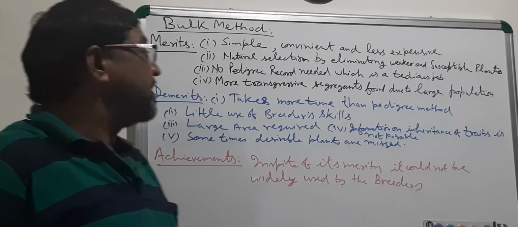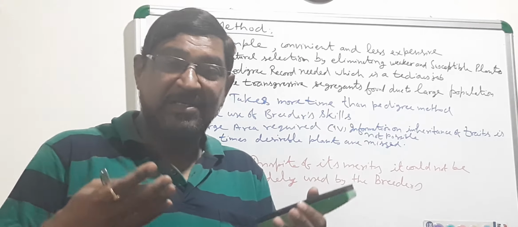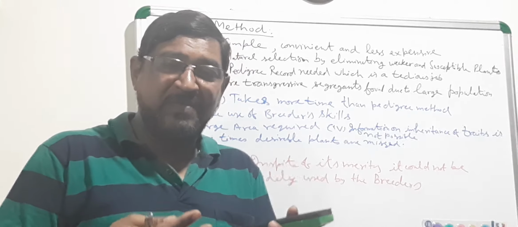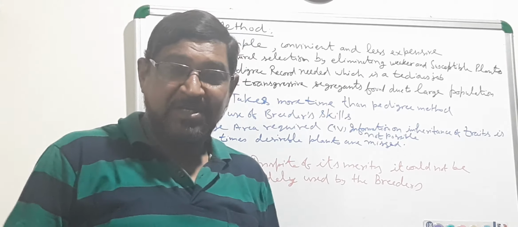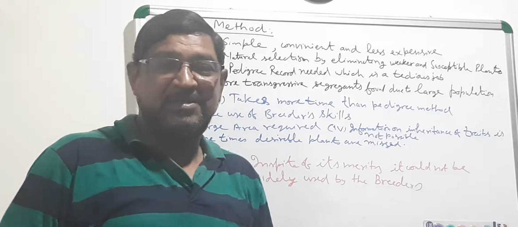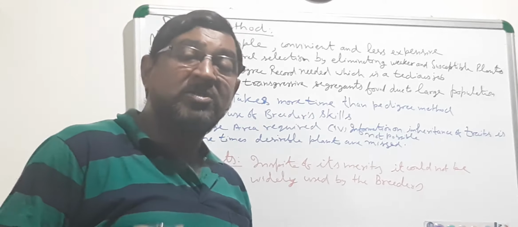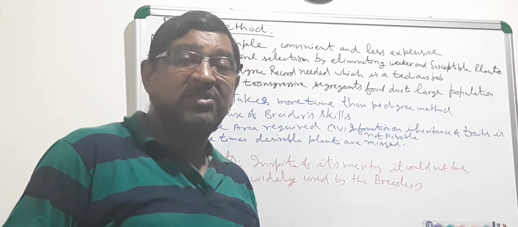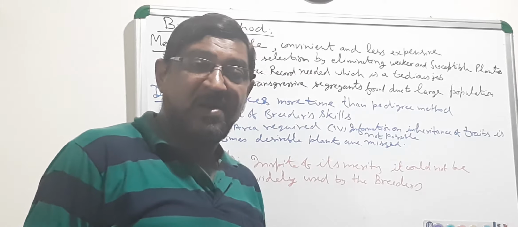Sometimes desirable plants are missed. As I said, you are growing 30 to 50,000 plants every year. If you are growing 30 to 50,000 plants, how much seed are you getting in every generation? So you are sampling it. If you are not making proper sampling, there is a good chance to lose maybe a very desirable plant.